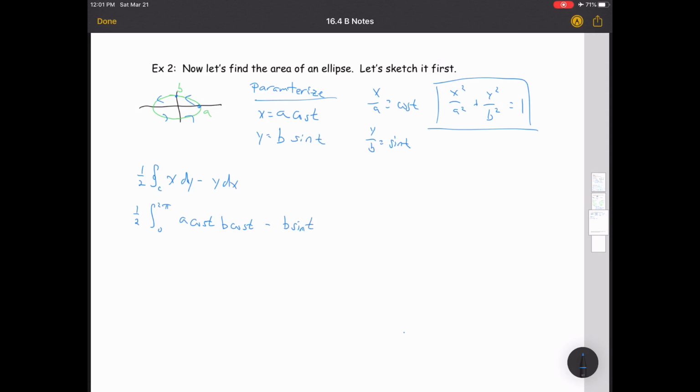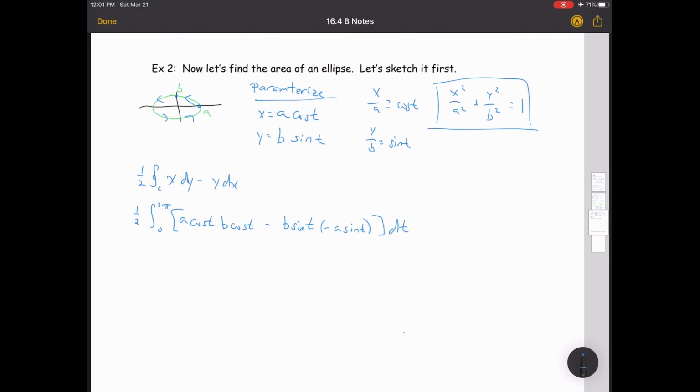And then minus y, which is b sine t, times dx, which is the derivative of x. That's going to be negative a sine t. And then, like I said, I can pull the dt for both of them out here.